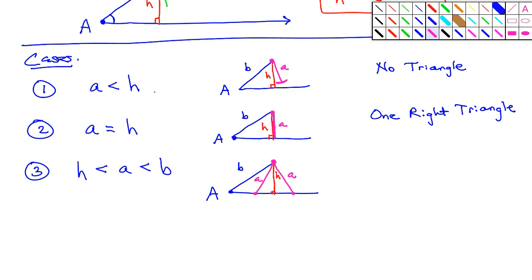So what we have here are two triangles. It's a two-triangle situation. And when you encounter a problem like this, you're required to solve for both triangles because you're giving all possibilities.